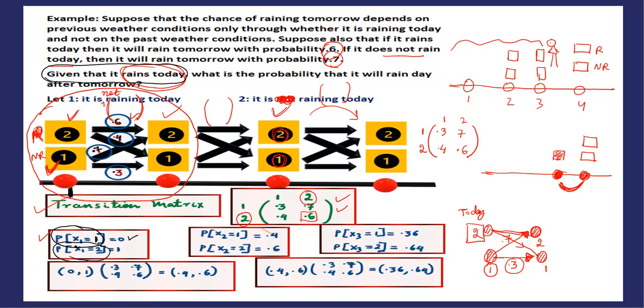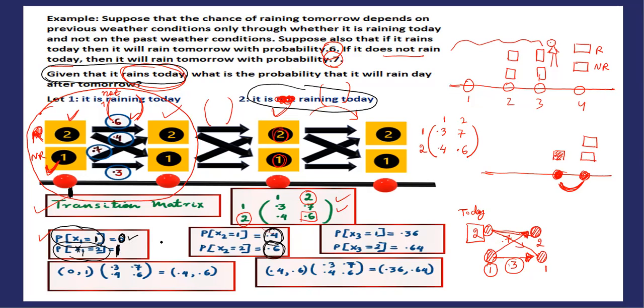And the probability that X1 is equal to 2, 2 meaning it's raining, is 1. This is what is given. It rained today, that means there is a 100% probability. You will take 1 and this one 0. Then these are directly given, 0.4, 0.6.